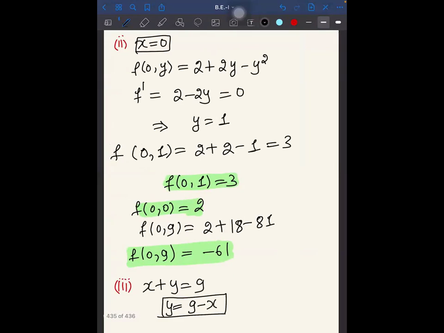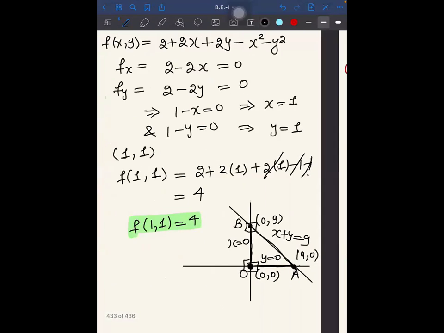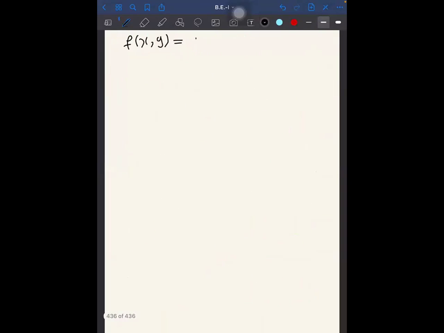So this becomes what? Again, you replace your y by 9 minus x, so your equation will be only in x. Are you getting this? Yes, sir.